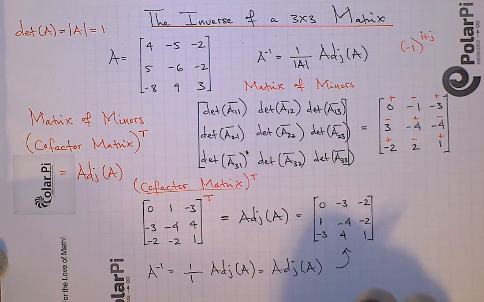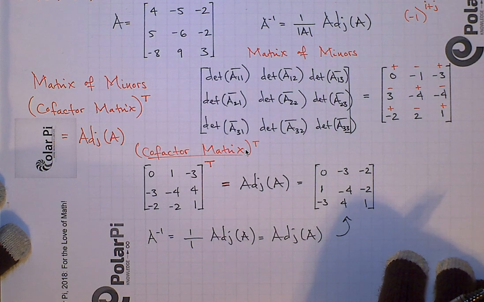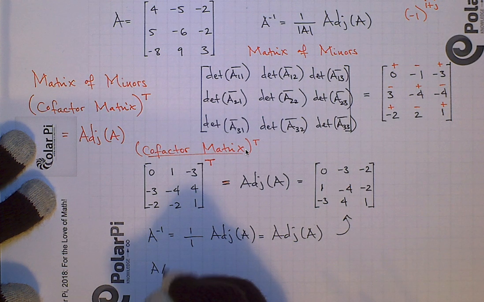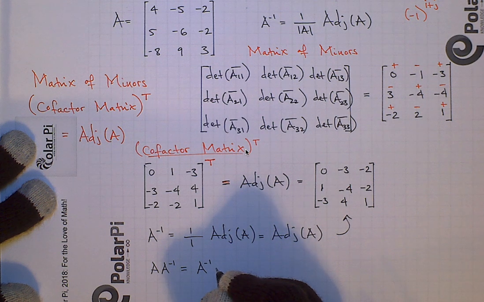Now, we can check that we have found the correct inverse because we know that any matrix A times its inverse is supposed to equal the identity matrix. And in fact, even though matrix multiplication is not commutative, in this case we could write it in reverse order and it still wouldn't matter.